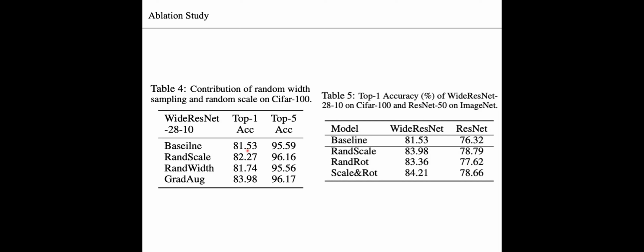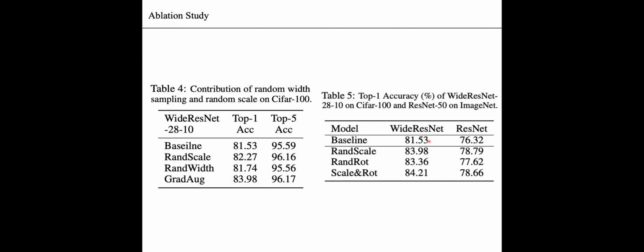So it is able to improve the performance because of the kind of multi-resolution training. But if we input the same resolution, but use different subnetworks, we are able to improve the performance, but not a lot. But for GradOrg, basically we have these two components together, which is able to improve the performance more than using them individually.